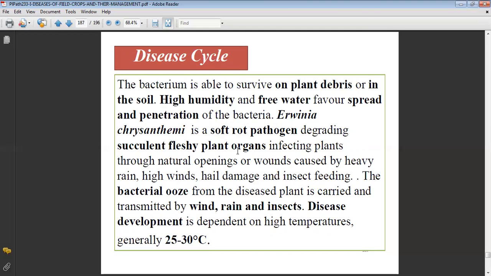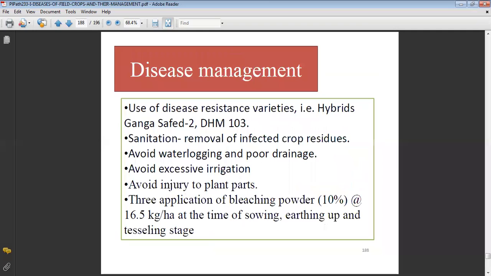And as you all know, bacteria enter through natural openings or wounds. These openings or wounds can be caused by heavy rainfall, hail damage, insect feeding, and high wind. The wind, the rain, and insects transmit the bacterial ooze from one plant to another. High temperatures of 25 to 30 degrees centigrade favor such disease development.